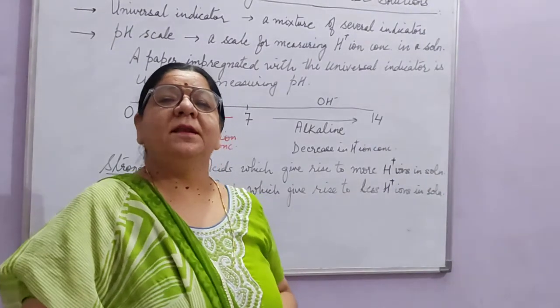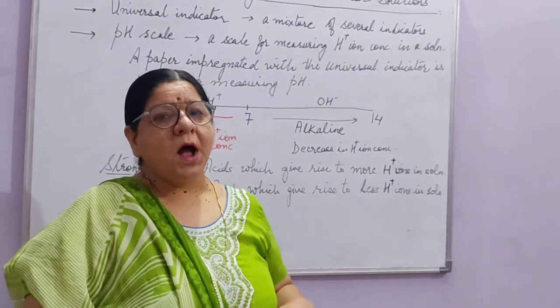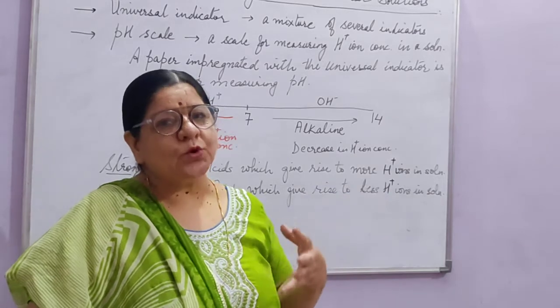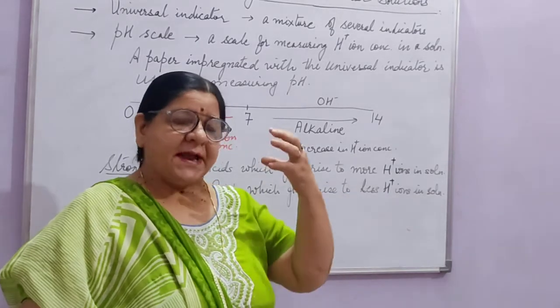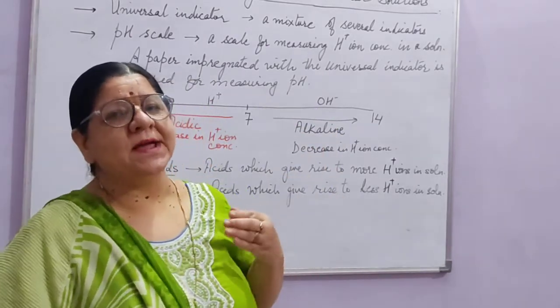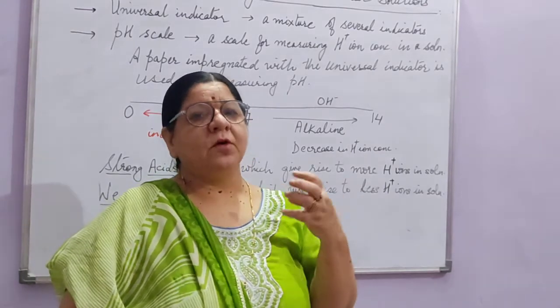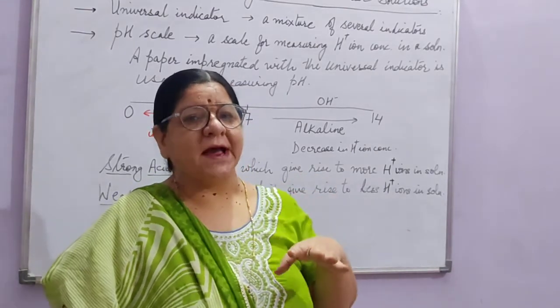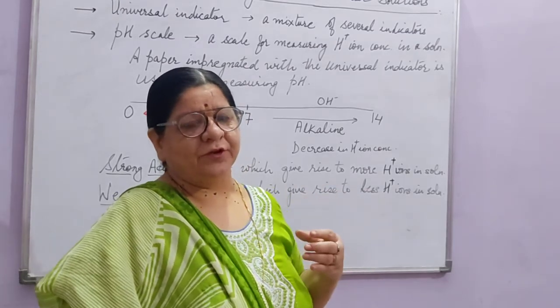Hello everyone. In the previous lecture, I told you how we can dilute a concentrated acid, that is how we can lower the hydrogen ion concentration. The words concentrated acid and dilute acid we did in the previous lecture.